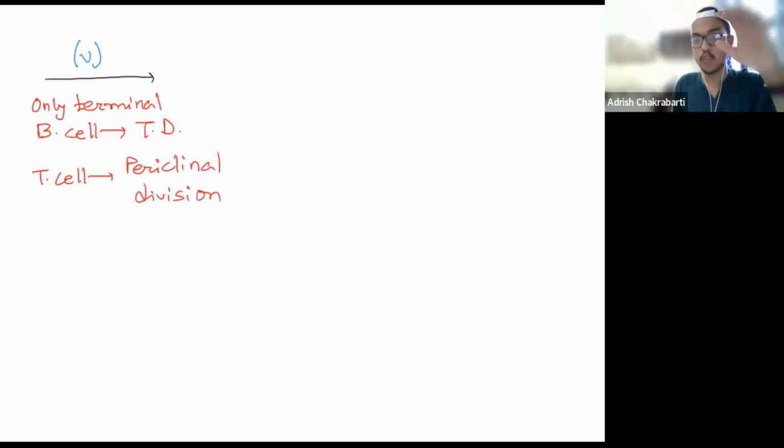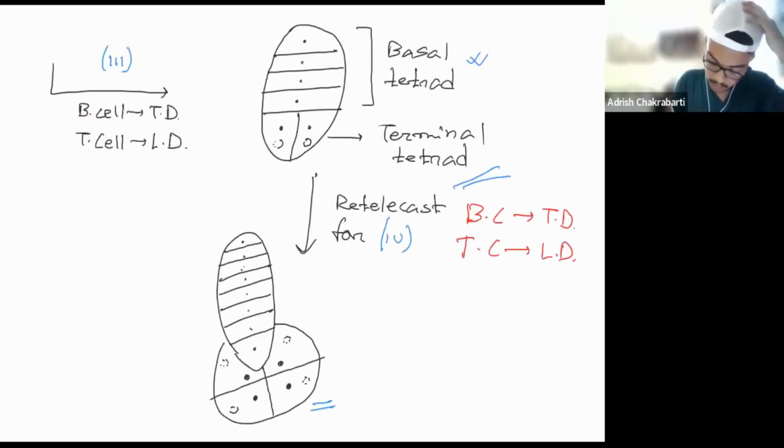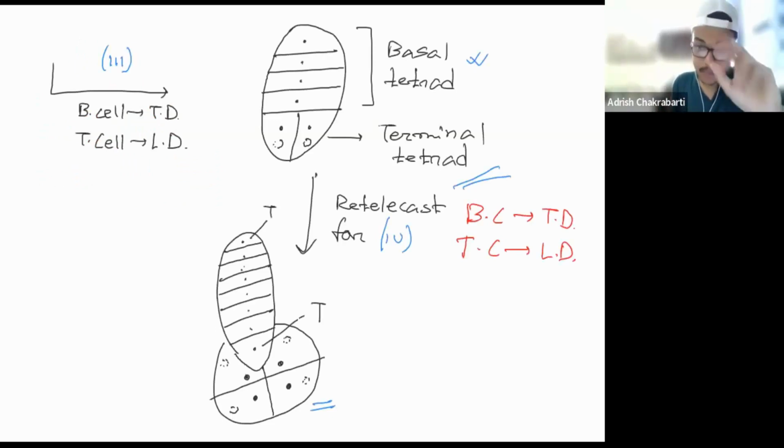Okay, so we had basal octant. Of them, only the terminal ones. So what am I referring to as the terminal ones? Let me see. This is the terminal one. This is the terminal one. So only 2 entities are further undergoing transverse division.